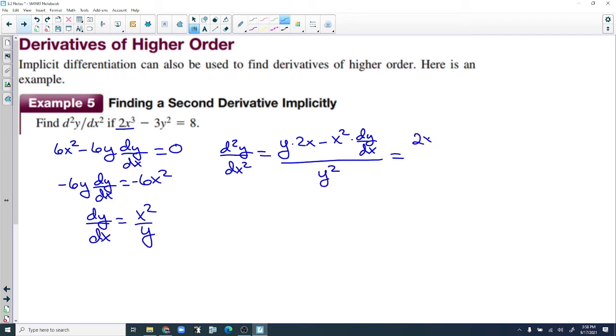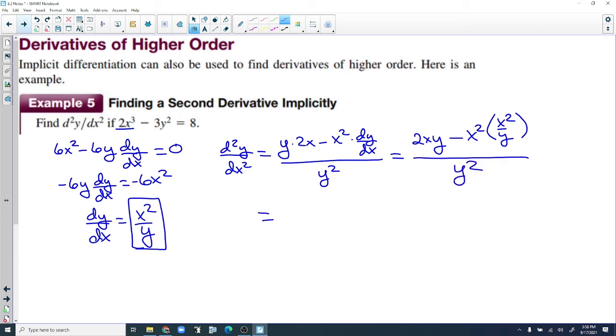So we have 2xy minus, we know what dy/dx is, minus x squared times x squared over y, all over y squared. Now we need to get rid of the complex fraction, so I'm going to multiply everything times y. 2xy squared minus x to the fourth over y cubed.